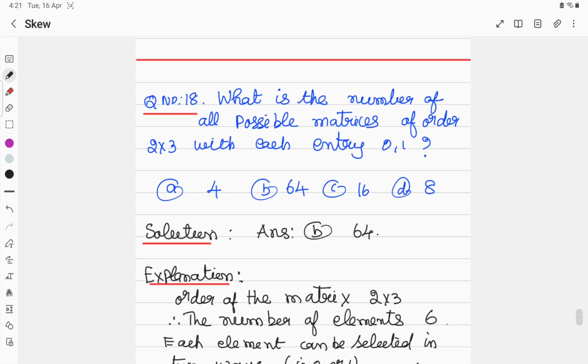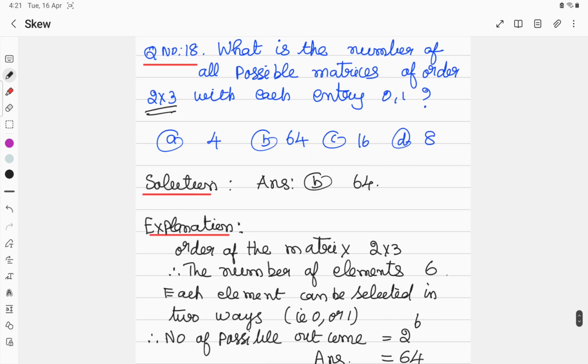What is the number of all possible matrices of order 2 into 3 with each entry 0 or 1? A is equal to 4, B is equal to 64, C is equal to 16, D is equal to 8. Your answer B, 64.